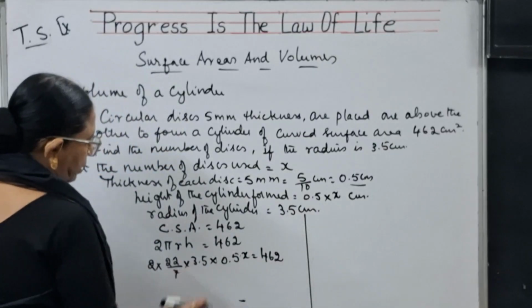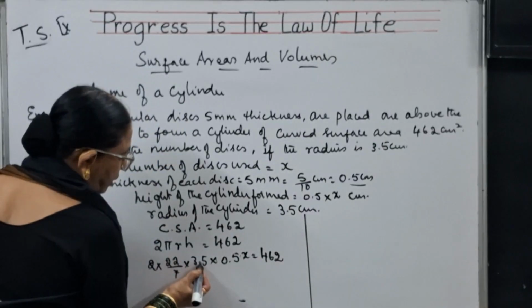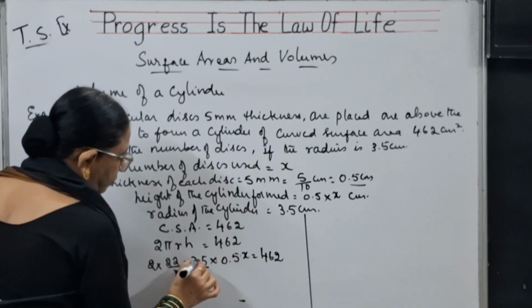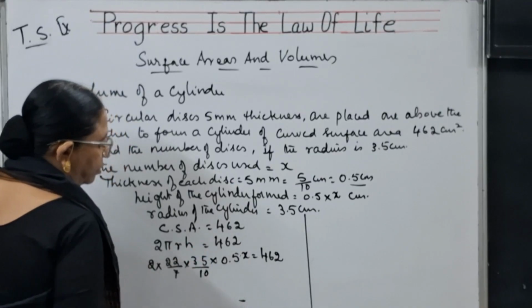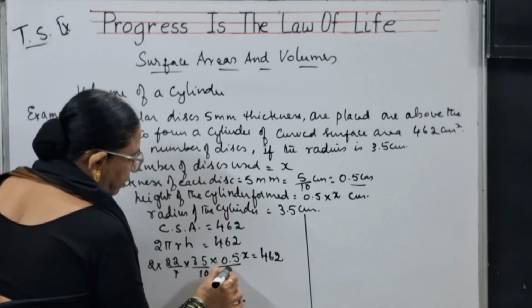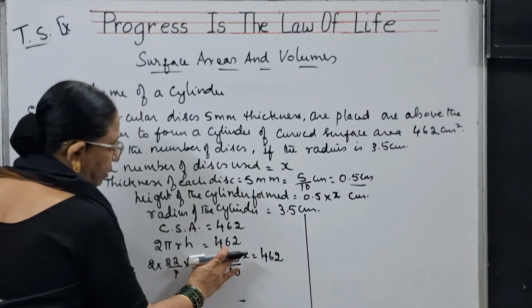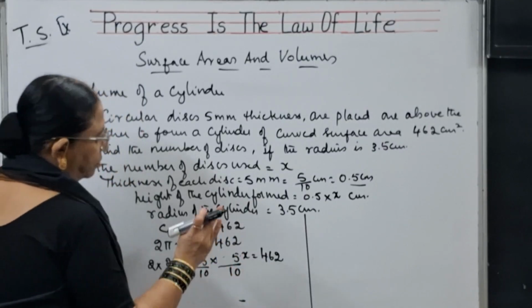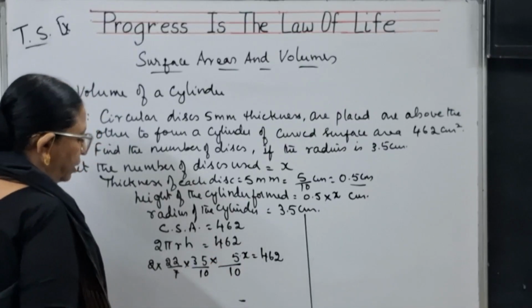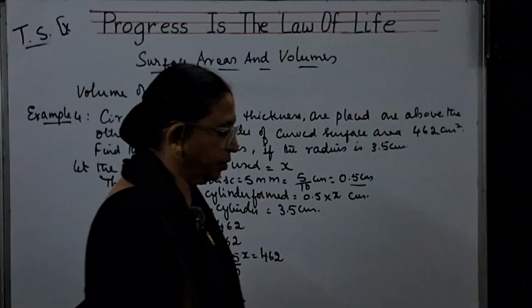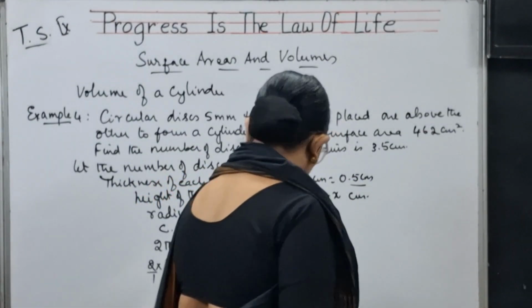So, let us continue this. See children, here this decimal I can cancel by writing 10. So the decimal will be cancelled. 0.5 can be written as 5 by 10, so that the decimal will be cancelled. So here you want x. So now let us find out the x value.